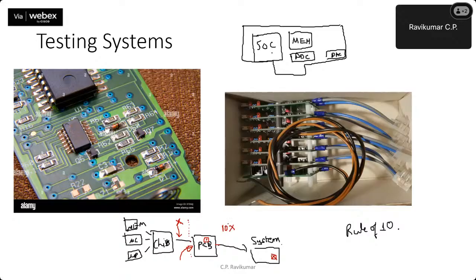And if we could not find that defective IC on this PCB either, then this PCB may have gotten into the system. When I say system, it could be something like this, or it could even have found its way into some end product. Maybe the customer has an end product, and that end product may be used somewhere else geographically, in some other city, and now the customer may find that it doesn't work, right?